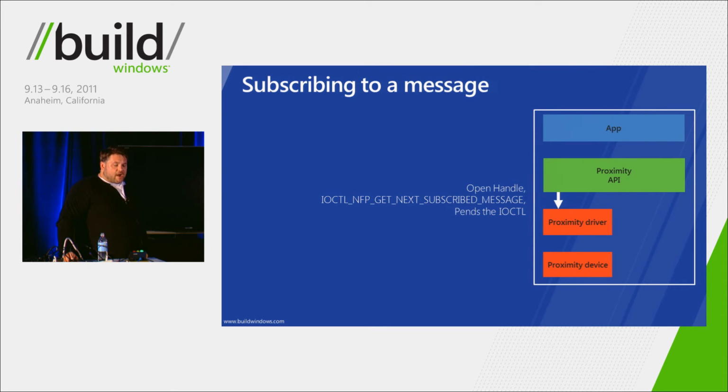And then it pends the ioctl in the driver. With the ioctl pended, the driver can then go down and talk to the device and say, device, it's time to get going. And at this point in time, again, speaking very abstractly, the device can begin polling. Up until then, it doesn't need to do anything. So now polling can begin, and this machine is ready to tap.